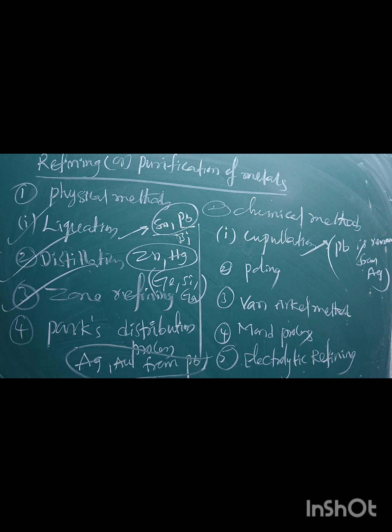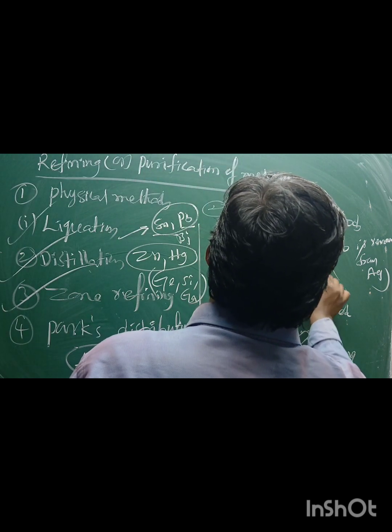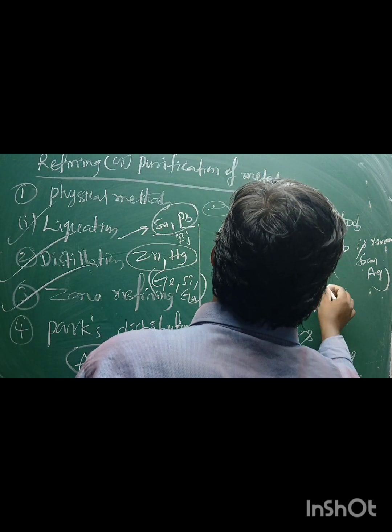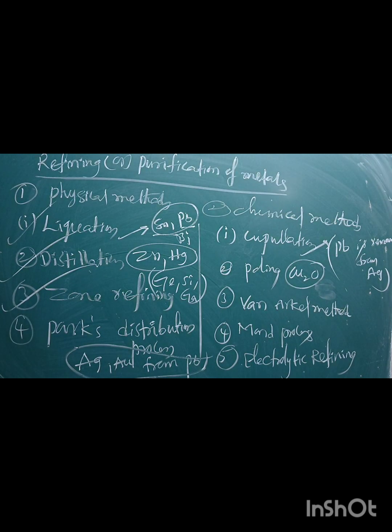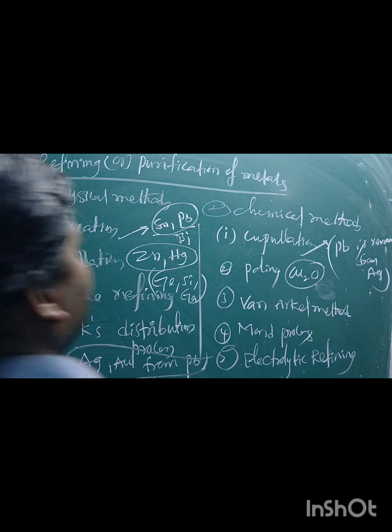It is used for metals having impurities of their oxides, like Cu2O removed from blister copper, and also SnO2 from tin.